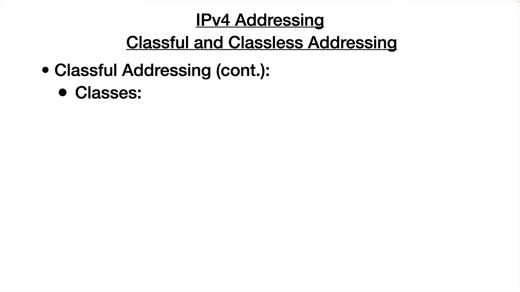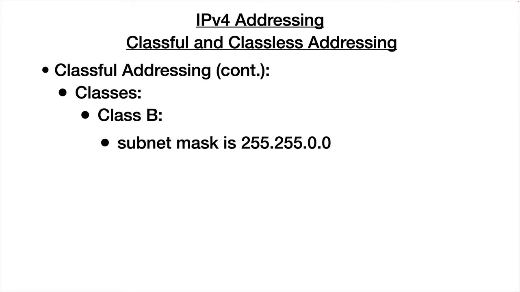So that's Class A. If we go to Class B, the subnet mask is at the second decimal point. So the subnet mask would be 255.255.0.0. If the first bits of the IP are 10, it is a Class B IP address.